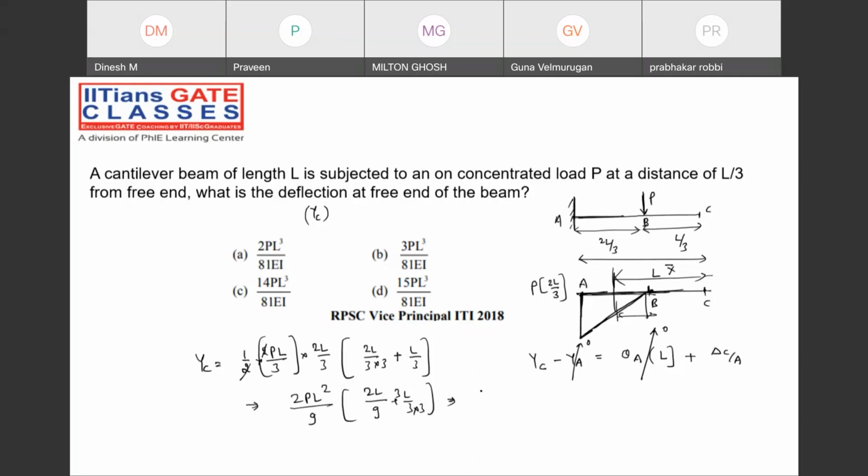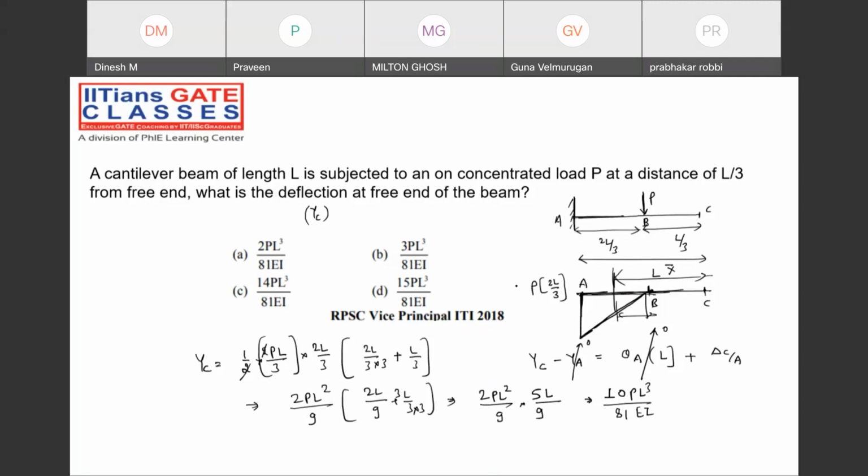So it will be 2PL square by 9, 5 into L divided by 9. So 10PL cube divided by 81 EI.